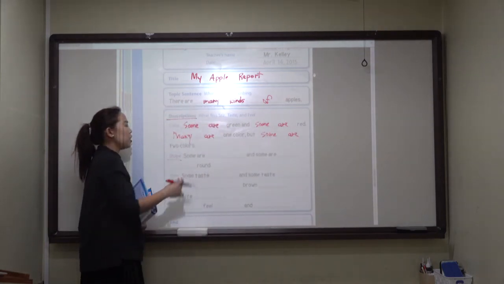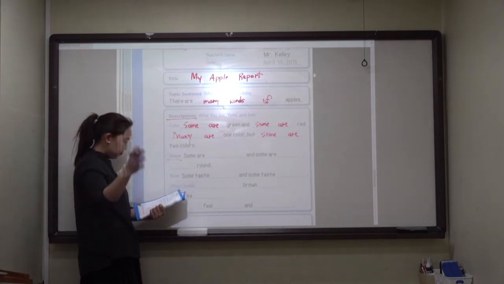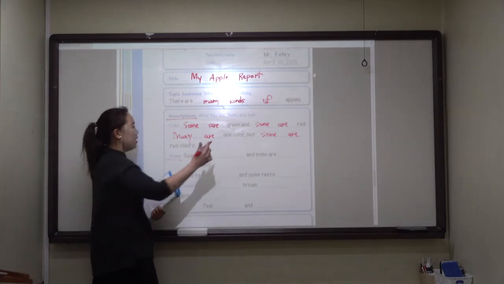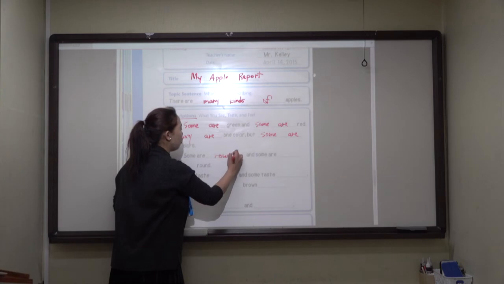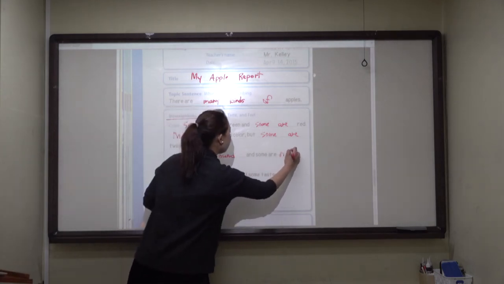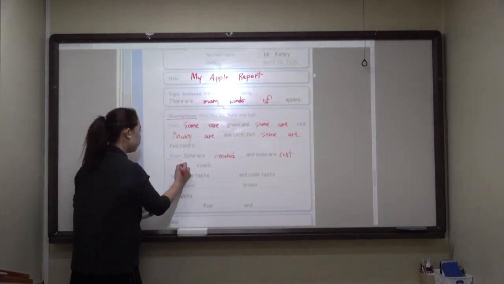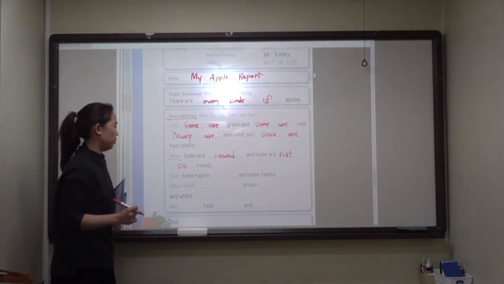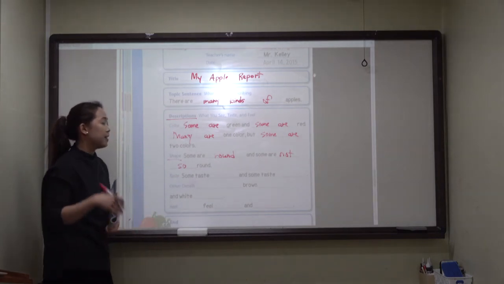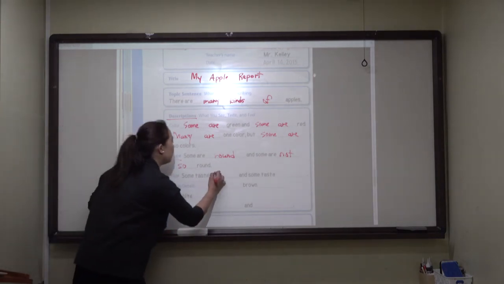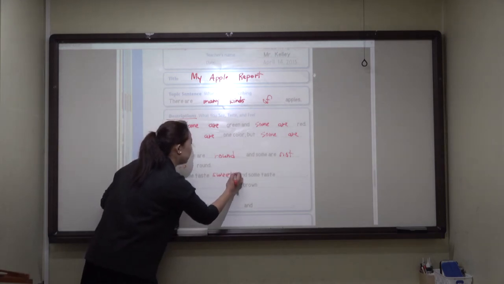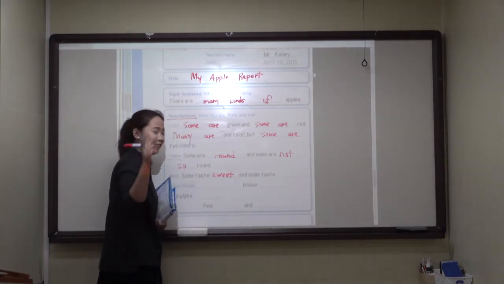Now what about for the shape? Some are round and some are not, so round. Okay, now for the taste. Some taste sweet and some taste sour.